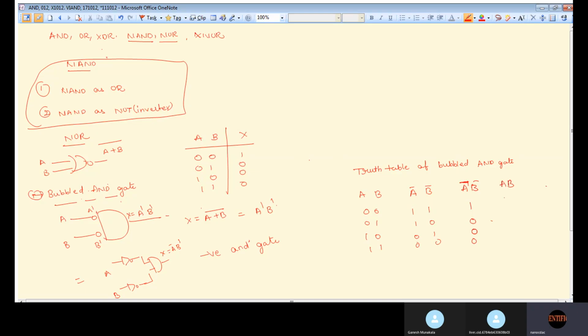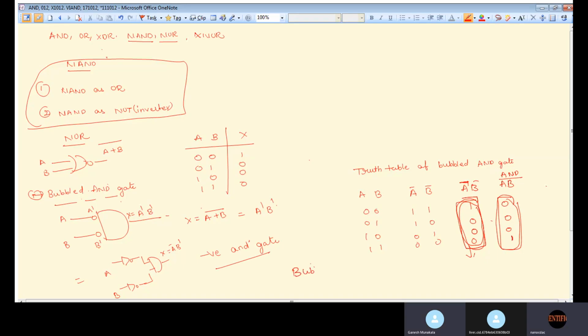Normally for an AND gate, AB, the outputs are 0, 0, 0 and 1. Whenever we take the outputs for the bubbled AND gate, we get the negative value, the negative of the AND gate. If the AND gate outputs are taken, the bubbled AND gate gives you opposite values. So the bubbled AND gate is called a negative AND gate.